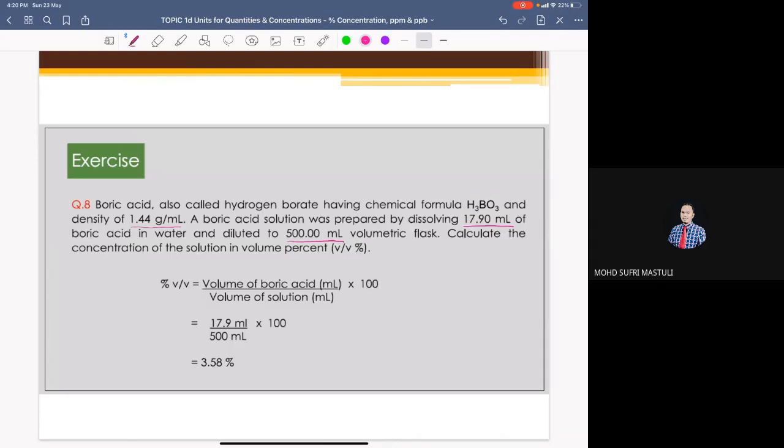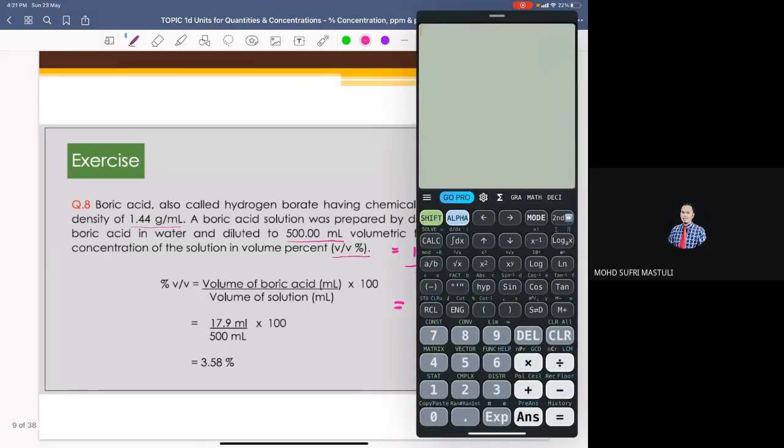So calculate the percent volume per volume. So volume per volume should be the volume of boric acid, 17.9, over the volume of solution, 500 ml, times 100%.